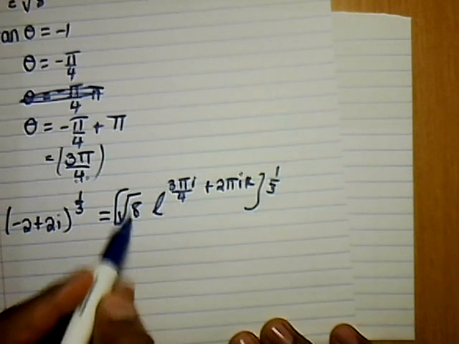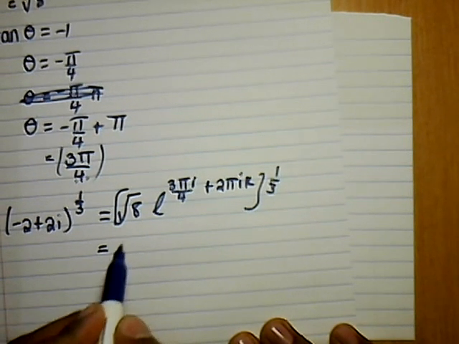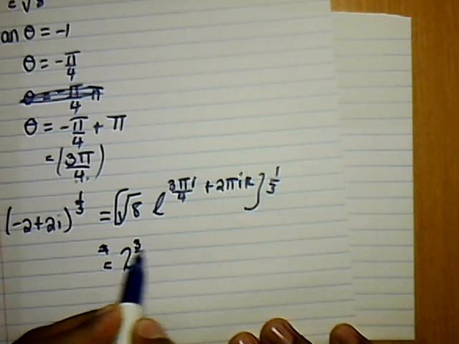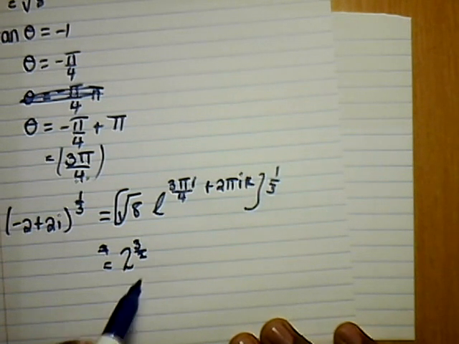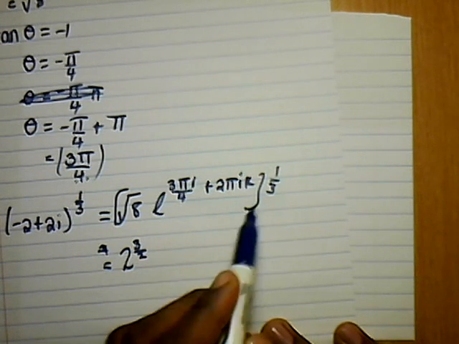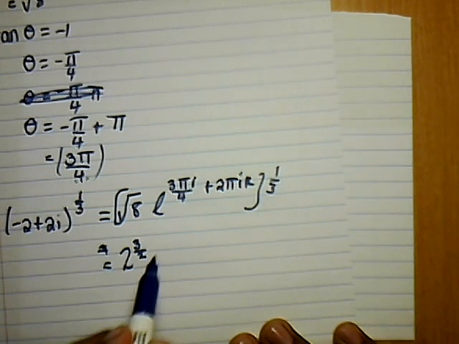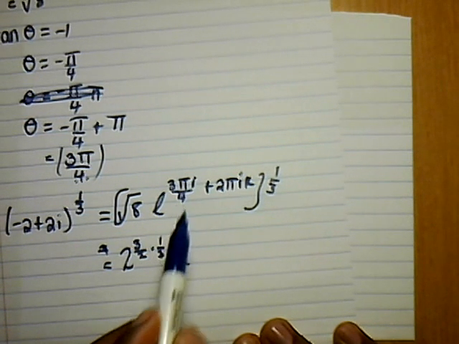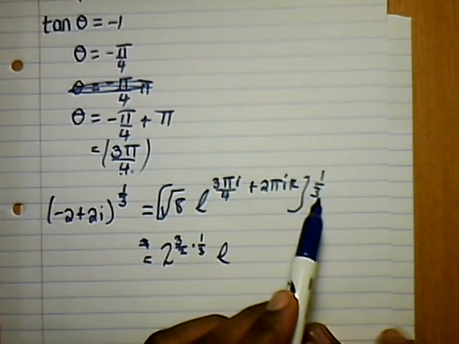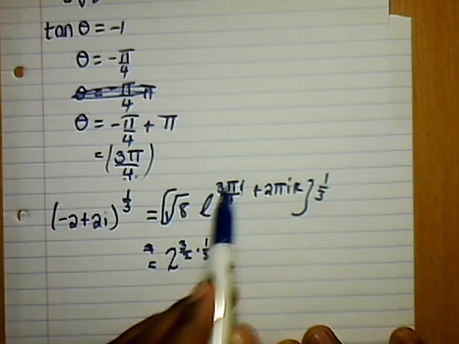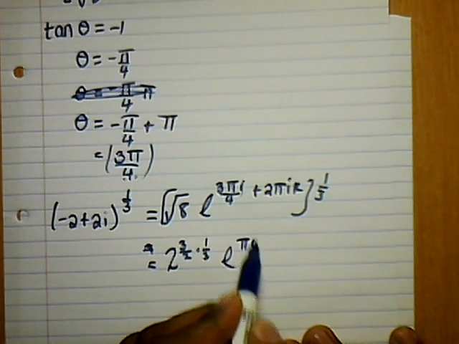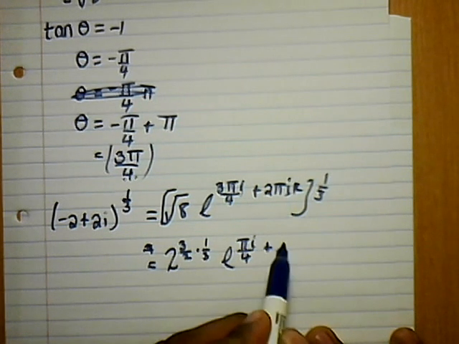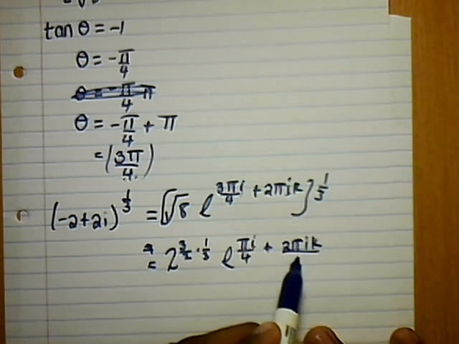Okay, you can further simplify this to be 2 to the power of 3 over 2, and then because we multiply everything in here by 1/3, we're gonna multiply this by 1 over 3, and then e to the power of pi I over 4 plus, multiplying this 1/3 by this thing here, we're gonna get 2 pi I k over 3.